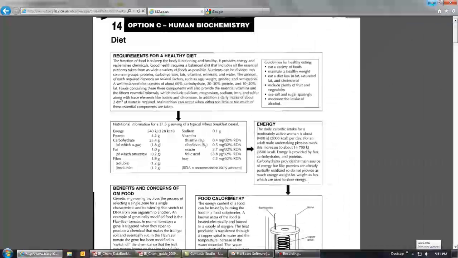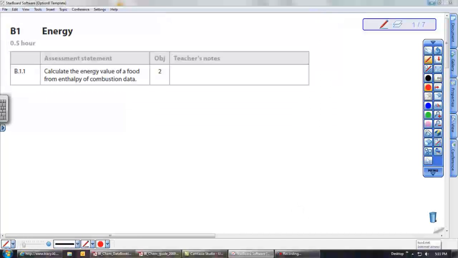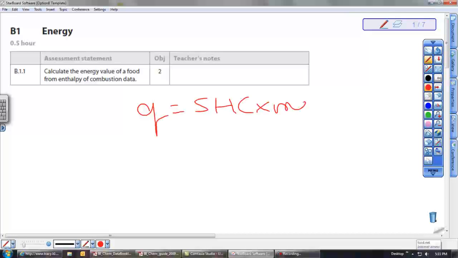Okay, so the first thing you're required to know, here is the first point. Now, you guys already know this. How do you calculate the energy content of food? You burn it, and you determine, I know it sounds funny, we burn it, and we determine how much heat is absorbed by water. That's it. So remember, the heat absorbed by water, Cliff, remember your formulas? Cliff said there was no formula.